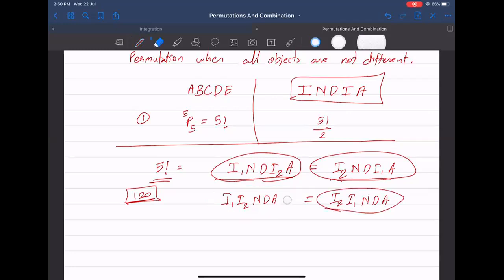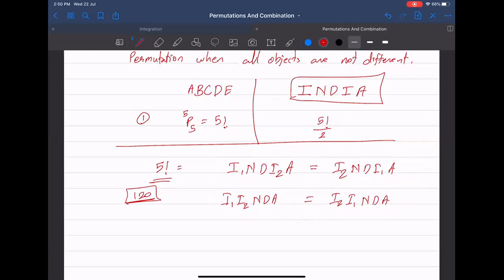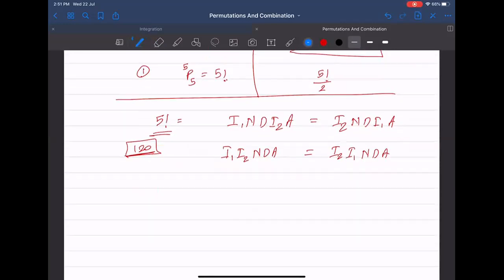So basically we have counted everything twice, so we have to divide by 2. Whenever any object repeats twice, my answer will be divided by 2. Now let us understand, it's not just 2, it is something else. We will see in the next example.